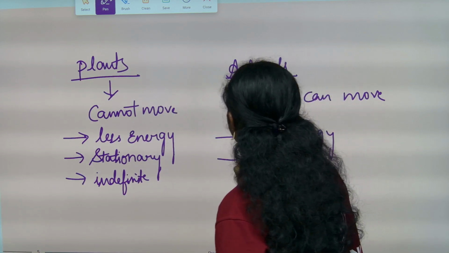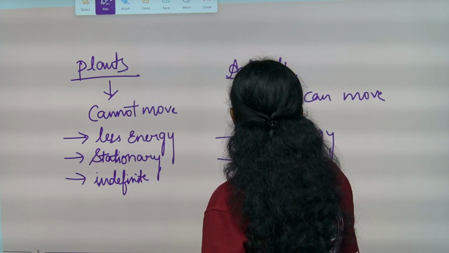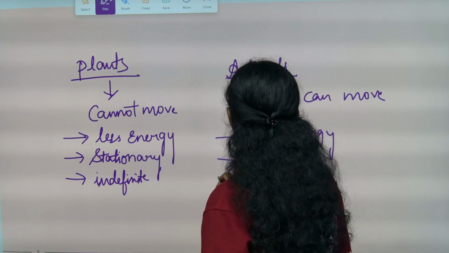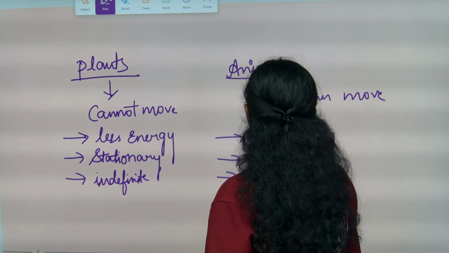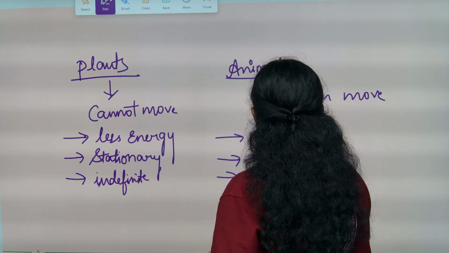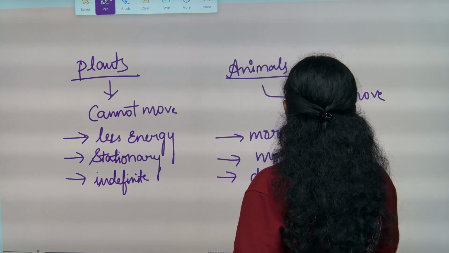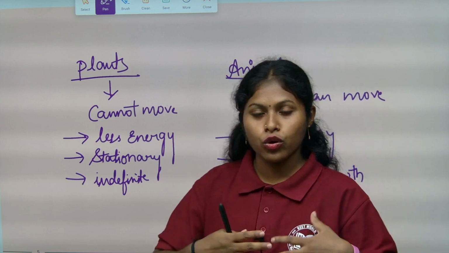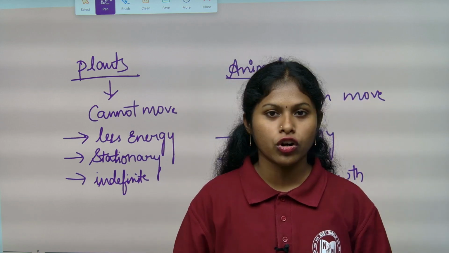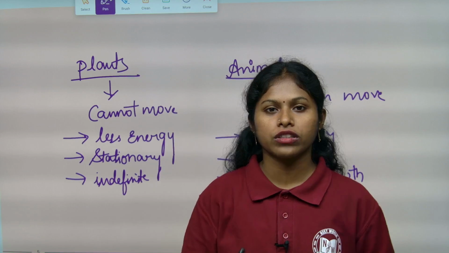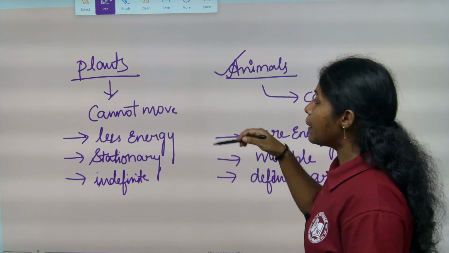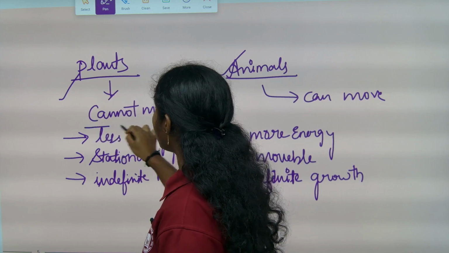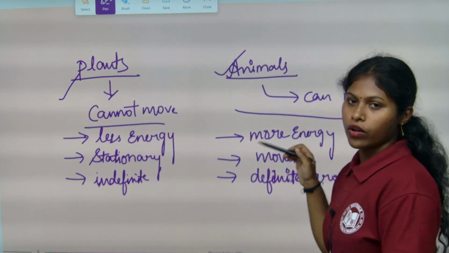But animals are movable organisms, and they have definite growth. In animals, it should not be that one hand grows larger or one leg grows larger. It has a definite growth, which is seen in animals. We cannot see definite growth in plants, and they cannot move, while animals can move.